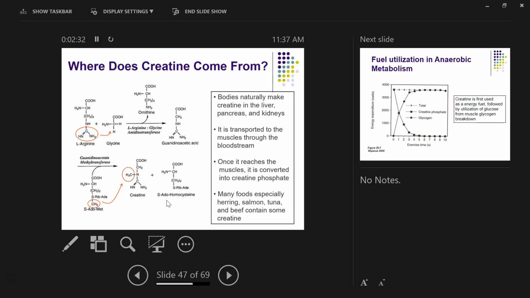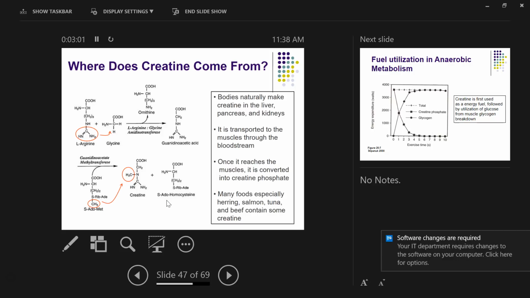In terms of the generation of creatine, our body is able to make creatine in the liver, pancreas, and kidney. The substrates for creatine production are amino acids like arginine, in a couple of steps.